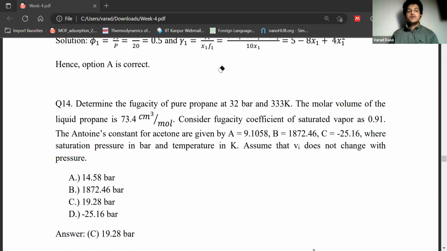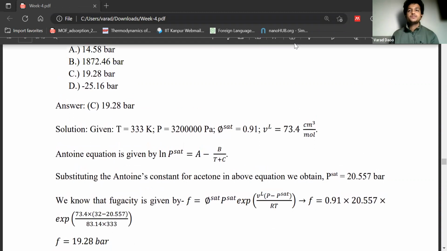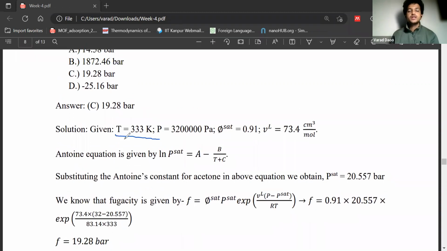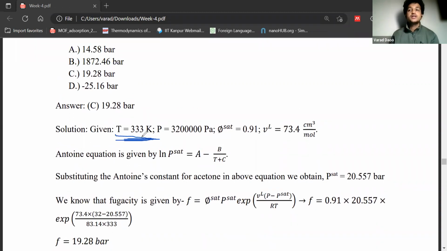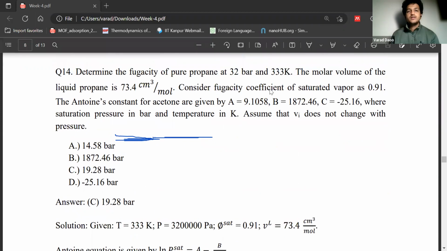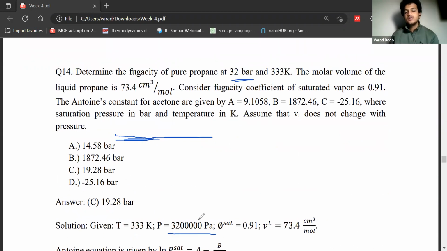Let me try to solve the question. So what are we given? We are given the temperature as 333 Kelvin, and we are given the pressure as 32 bar, which when we convert to Pascal, 1 bar is equal to 10 to the power 5 Pascal, right?